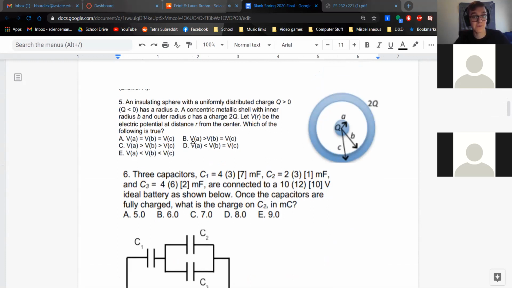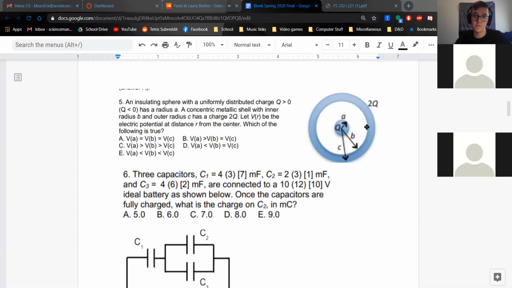And so how do we know that VA is greater than VB? Well, we're going to have a charge on the inner surface here due to Gauss's law. You can use Gauss's law to figure that out. So you're going to have a charge of -1 q on the inside, and due to that, you're going to have an E field pointing from here to here.